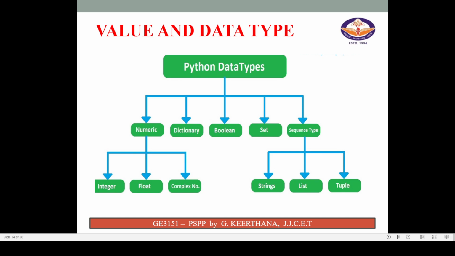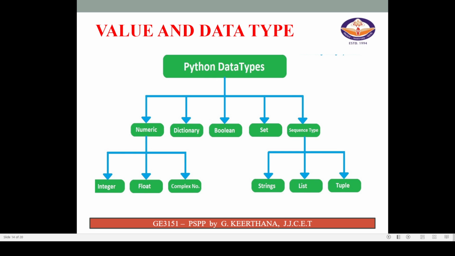Set is used to hold an unordered collection of unique values, often used for membership testing and mathematical operations. Example: {1, 2, 3}. Boolean. Boolean is used to hold a logical value that can be either true or false.